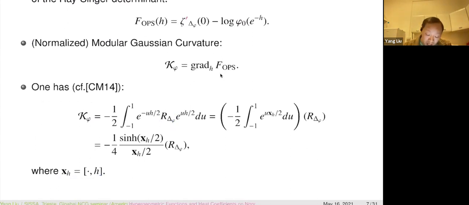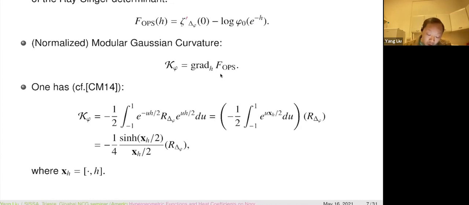Now you view this as an operator acting on these elements, and then you integrate. I will call this a rearrangement operator. I think the whole talk is about this: I will report some interesting features we're seeing in this rearrangement operator.